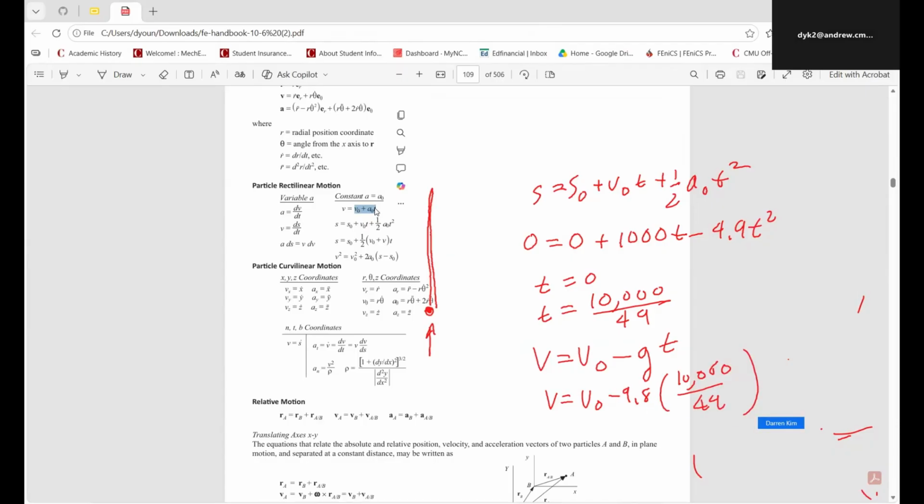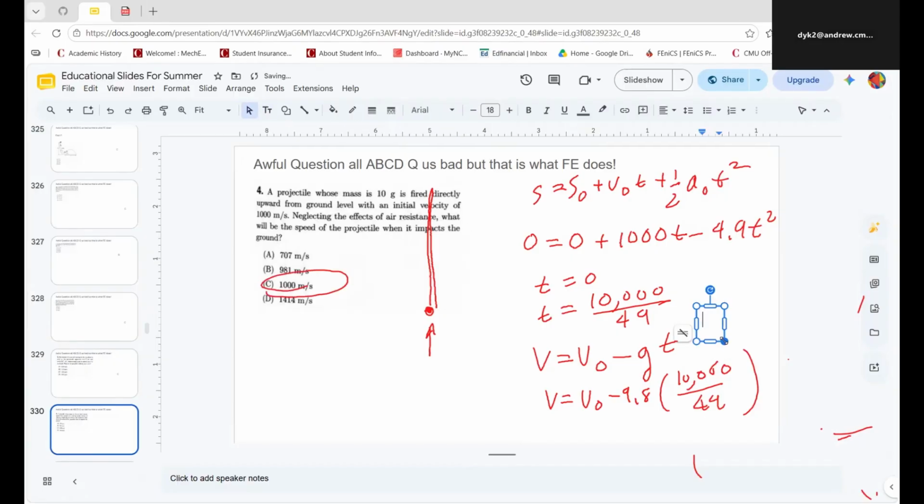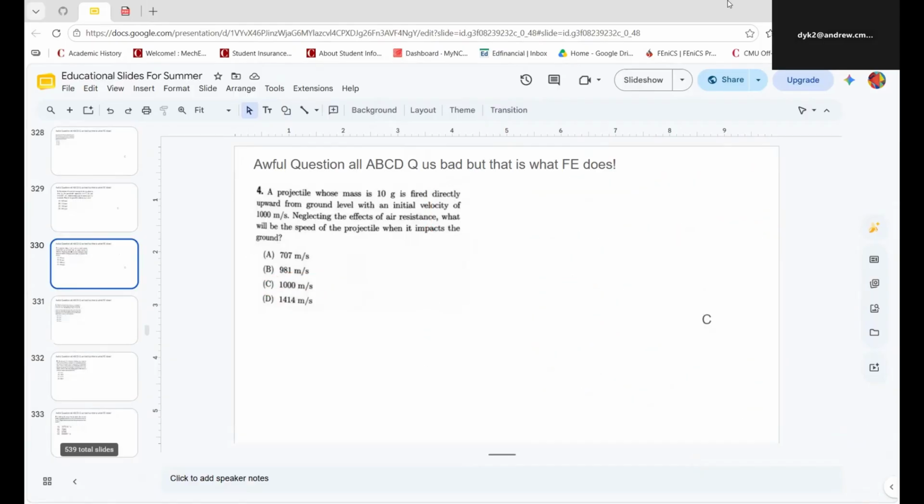So we can do 1,000 minus 9.8 multiplied by 10,000 divided by 49, which equals negative 1,000, which means, wait a second, this is a troll question. I call it a troll question when it's basically the same thing again. So C, yeah, this was a troll question. I don't know why I spent so much time on that one.